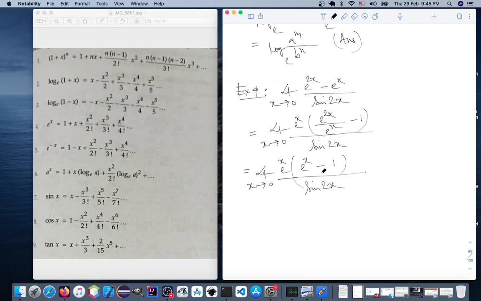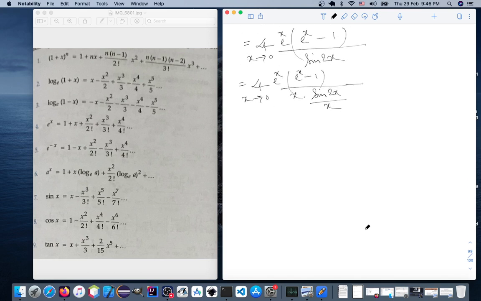Now we have the e to the power x minus 1. We just need an x in the denominator to have the standard form, so that we can apply the standard result. So we create that x, and then we adjust that x by multiplying with the x over here.